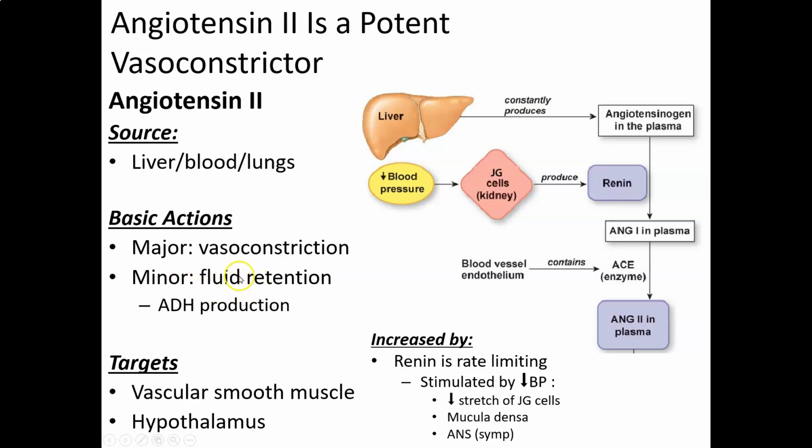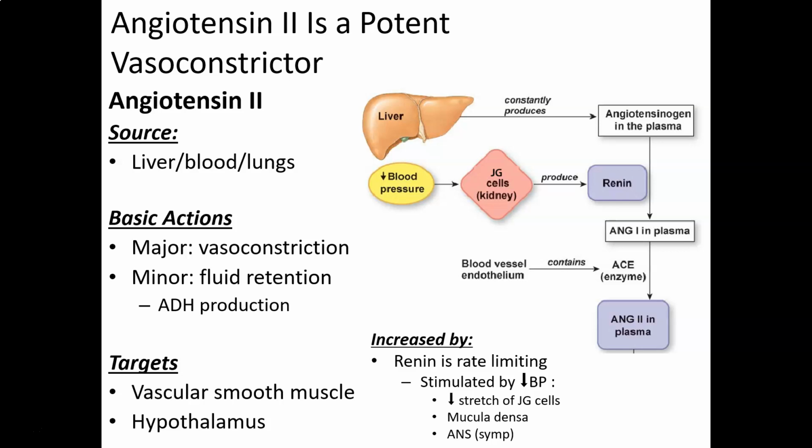And the reason it does is because it is such a powerful vasoconstrictor that it constricts the afferent arteriole. And as it constricts the afferent arteriole, it reduces the filtration pressure within the glomerulus, which reduces GFR.